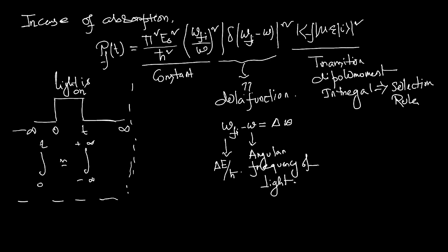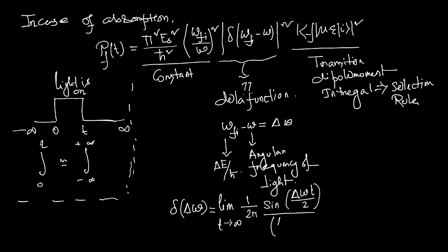Now if we write delta omega, it can be written as the limit t tends to infinity of 1 by 2 pi, sine of delta t by 2. As I mentioned this condition, in the formula we can write it like that.